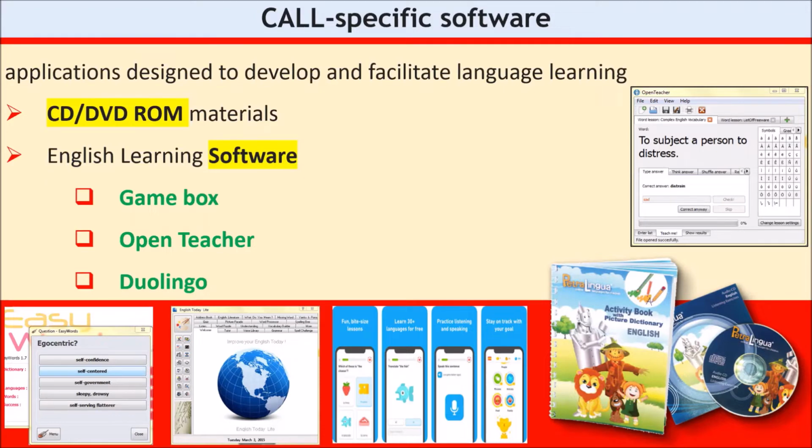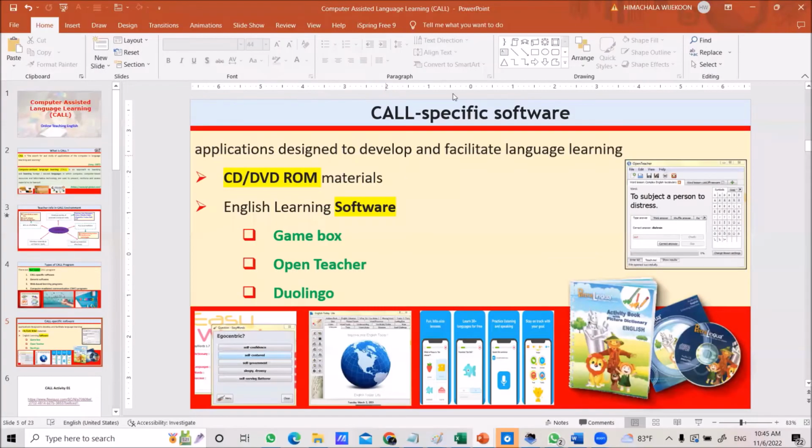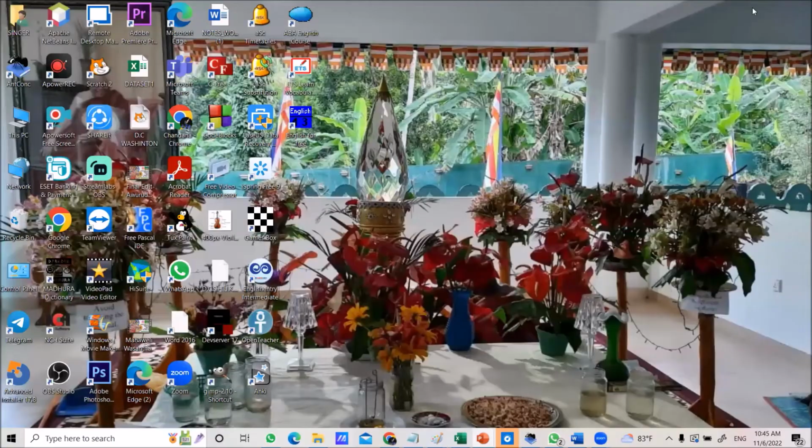I am going to show what type of software it is. Look at the screen here. Then Gamebox, I am going to show what kind of software it is. Here you can see the Gamebox small icon, it looks like that. Once you install Gamebox on your computer, that particular icon appears on the desktop like that.